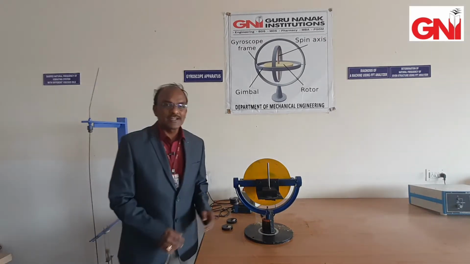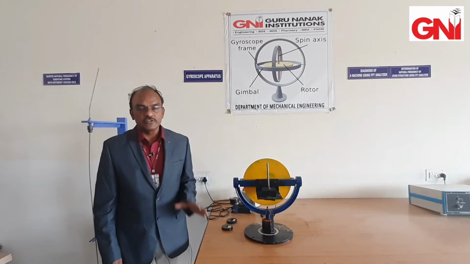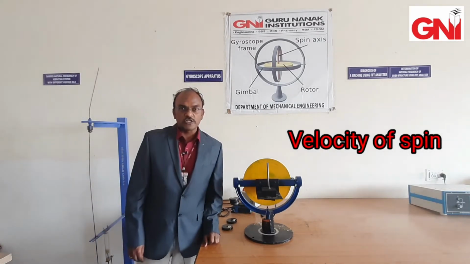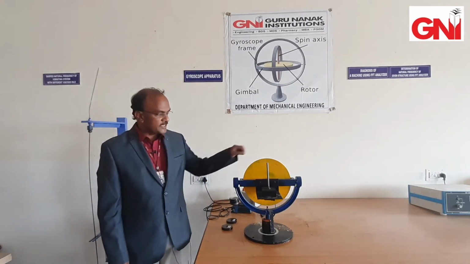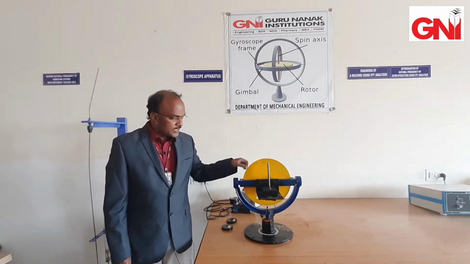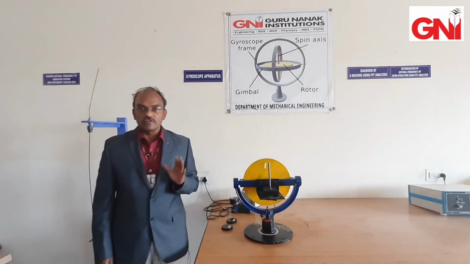Before we conduct this experiment, I would like to explain some technical terms which are used in this experiment. First one is angular velocity of spin. What is angular velocity of spin? Here the spinning body is the rotor. The velocity of this spinning body is called angular velocity of spin.